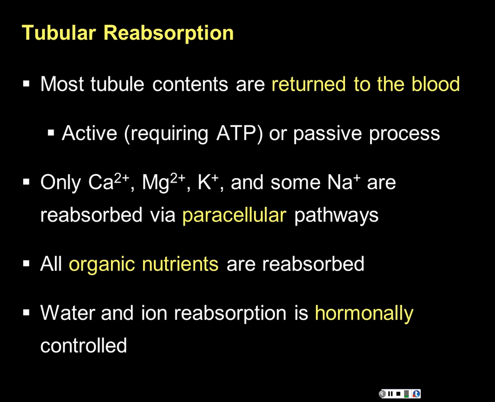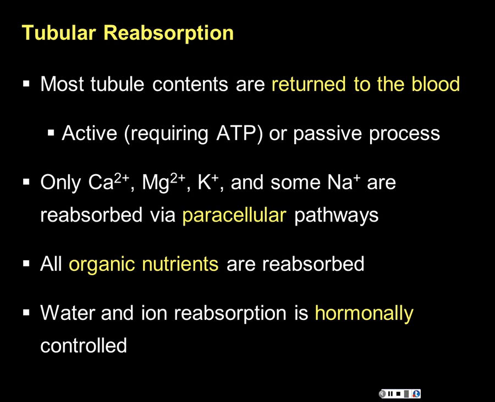All right, so we talked about filtration and everything which influences it, and we know that once filtration happens, substances can be reabsorbed, where products are added back into the peritubular capillary plasma. We already know that reabsorption can be active or passive, depending upon the solubility. Some substances can go through the pores, or described here as paracellular.